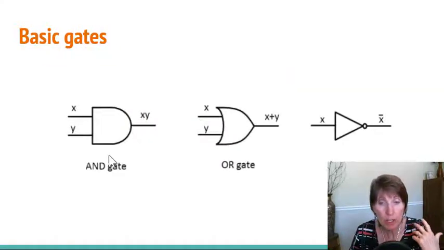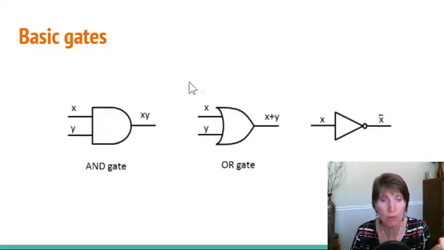So here are three of the really basic gates. There are more gates, but these are three of them. There's the AND gate, which has two inputs, and the output is the multiplication. An AND is the same as X times Y in Boolean algebra. There's an OR gate, which is represented by the addition operation in Boolean algebra.